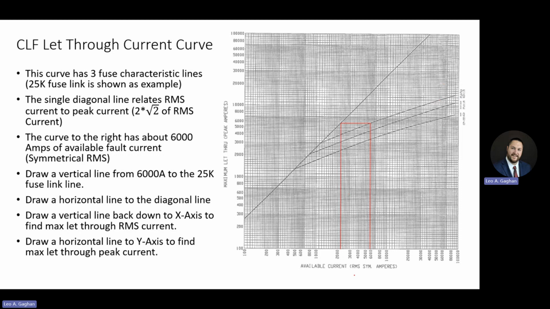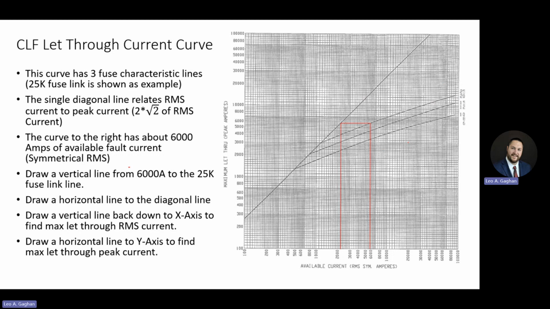But for our 25K, if we were to think, okay, at the location of the current limiting fuse, there's 6,000 RMS amps available as a worst case scenario. For this 25K fuse, the process is to draw a horizontal line once you get to the intersection over to your diagonal.